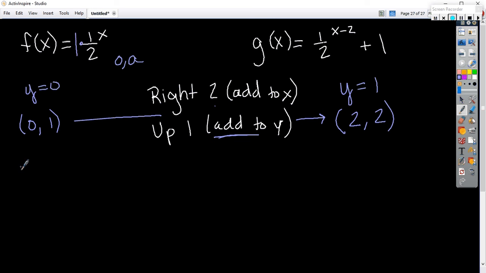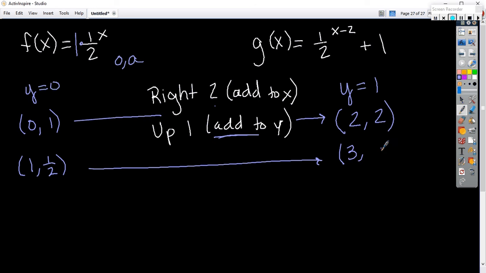All right, and then I can do 1, and I can multiply a times b. What's a times b? 1/2. Add 2 to x, add 1 to y. What's your new point? 3, 1.5, or 3/2, or however it's easiest for you to do it.